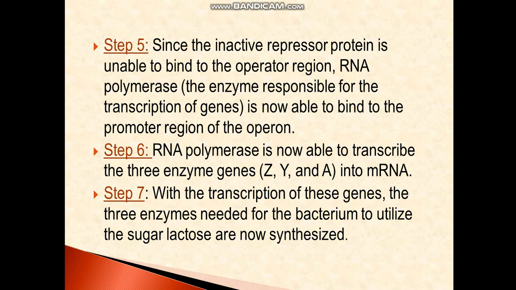When lactose is present, the lactose is going and binding to the repressor protein, and the repressor ultimately cannot go and bind to the operator, and therefore the genes are transcribed, and once the genes are transcribed, the enzymes are produced, and these enzymes are going and digesting the lactose and giving energy to the bacteria, because lactose is the food for the bacteria. Understood now?